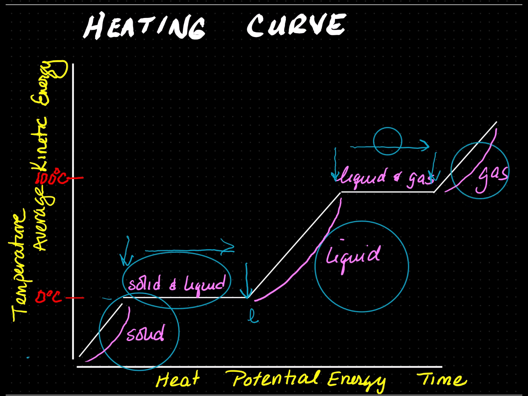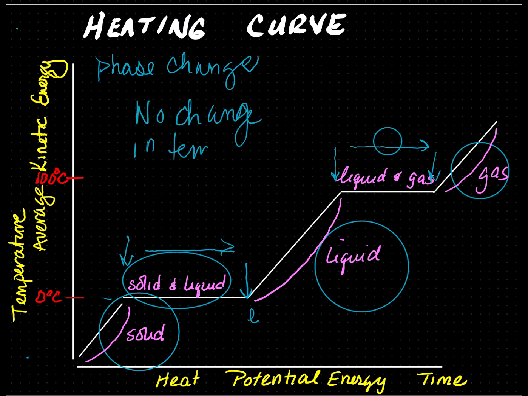If you notice, during a phase change, there is no change in temperature. The temperature remains constant. At 0 degrees where the phase change is occurring, it is a flat line. So there's no change in temperature. The only thing changing is my heat energy or potential energy, which is increasing if I'm going to the right, and decreasing if I'm going to the left.